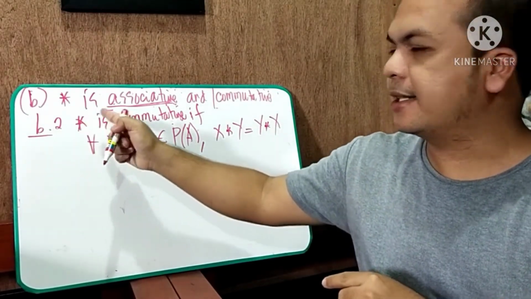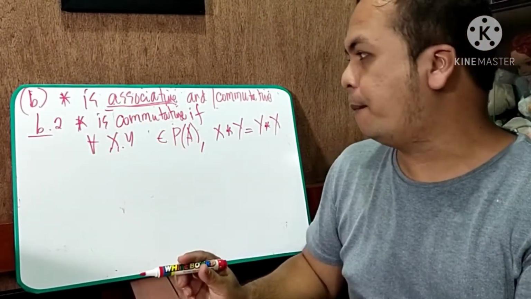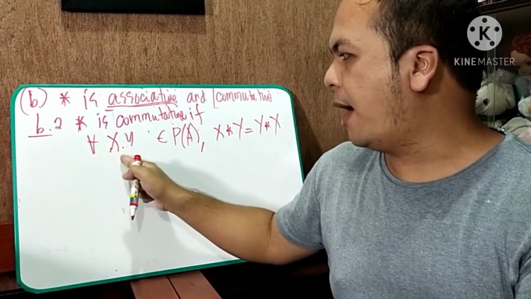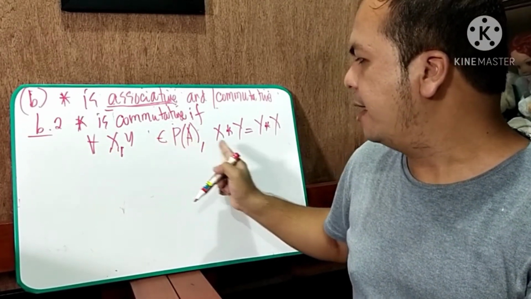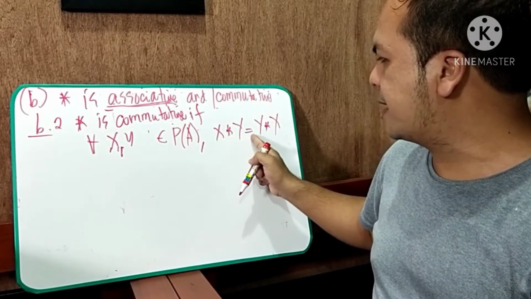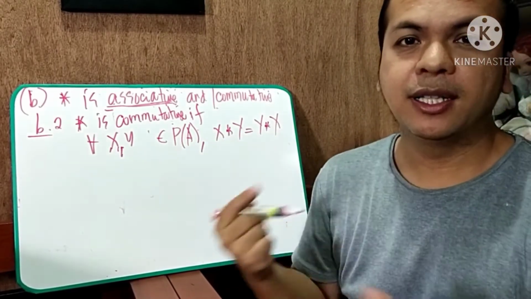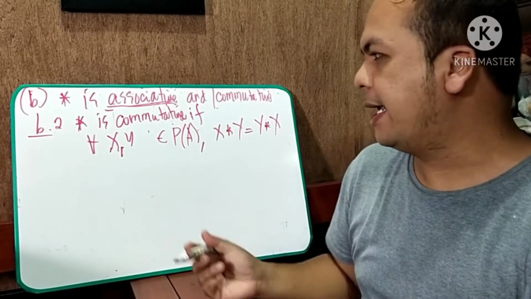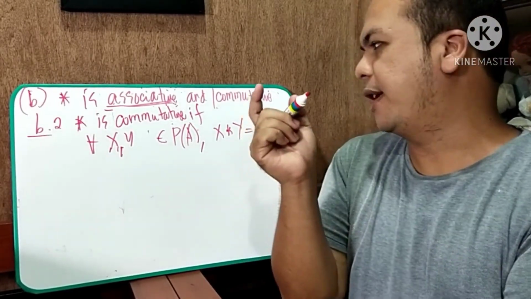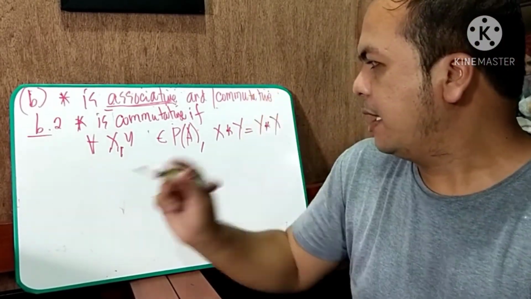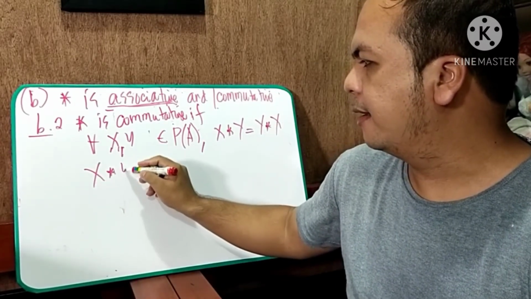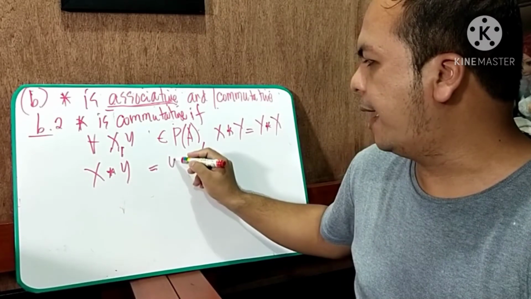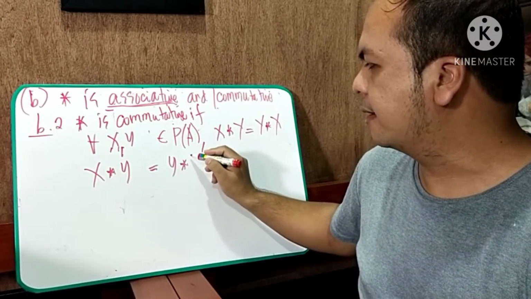So, star is, this binary operation is commutative kapag for all x, y elements of P of A, yung ating x star y is equal to y star x. No? That's commutative. Okay? Kanina is associative. Okay. Now, let's have x star y is equal to y star x.